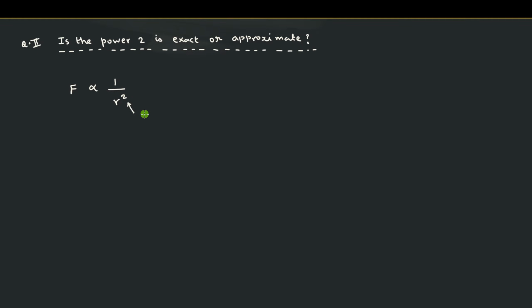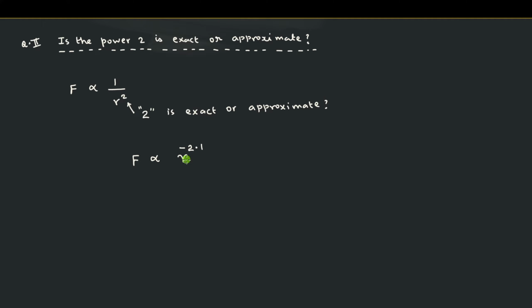So is this 2 that you have here exact or approximate? By that I mean we are asking whether the power can be exactly 2, or can it be 2.1? Why not like this? According to Coulomb's law, the force is inversely proportional to, by the way, inversely proportional, I can attach a minus, right?